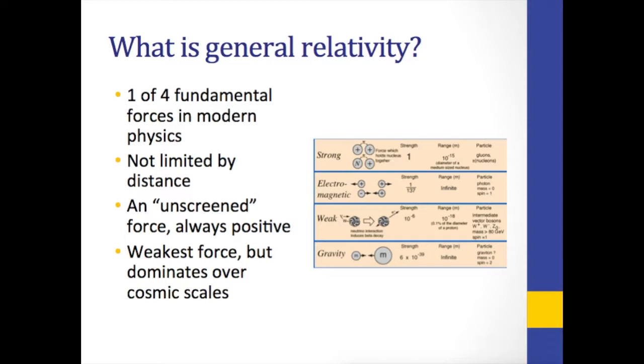By far it is the weakest force, but it dominates over cosmic scales because it's not affected by distance. This force is what holds our galaxies together, what holds our planet going around the sun. It dominates everything on a cosmic scale, but we don't necessarily feel it in our everyday lives, other than keeping our feet on the ground. So what can we do to analyze this?